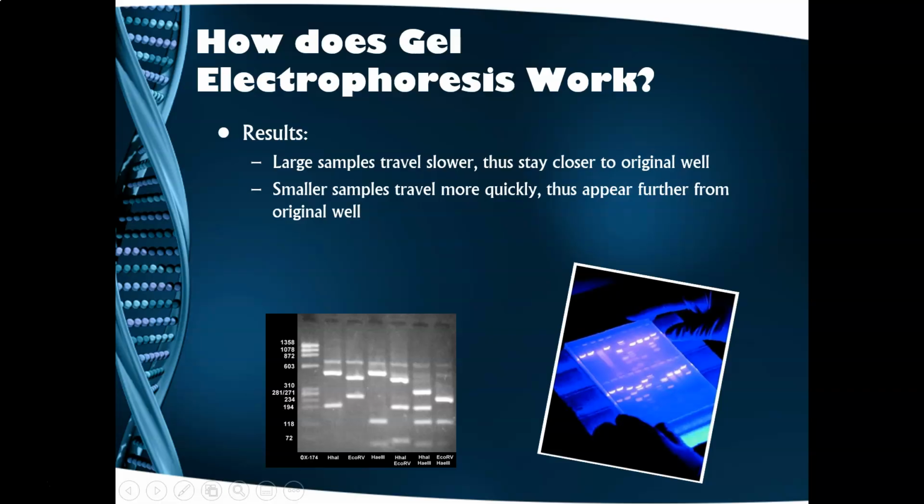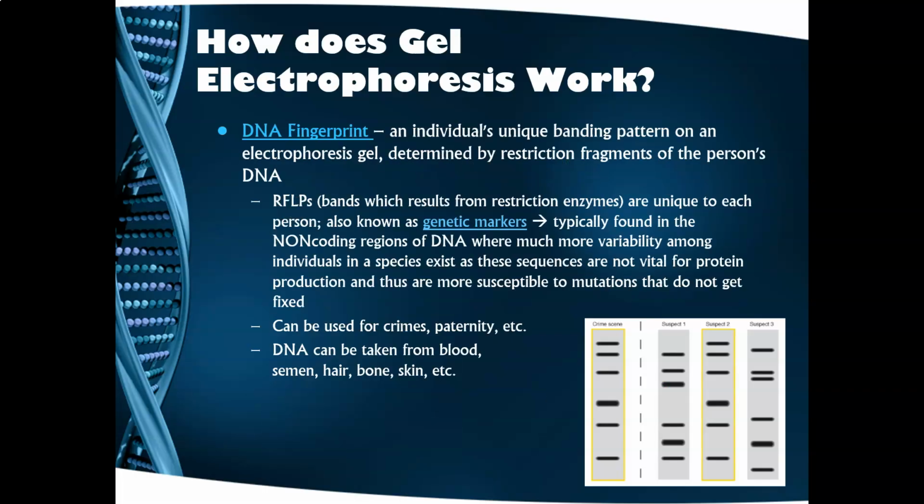And that's the idea. We're looking for these banding patterns to match up if they came from the same person. So if I had suspect 1 and the DNA from my victim under the victim's fingernails have the same banding patterns, I know that DNA came from the same person.